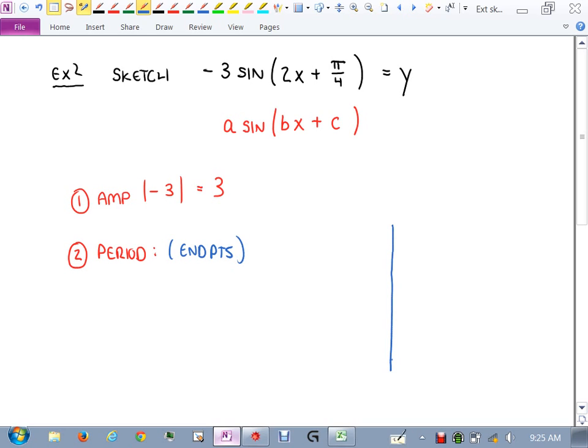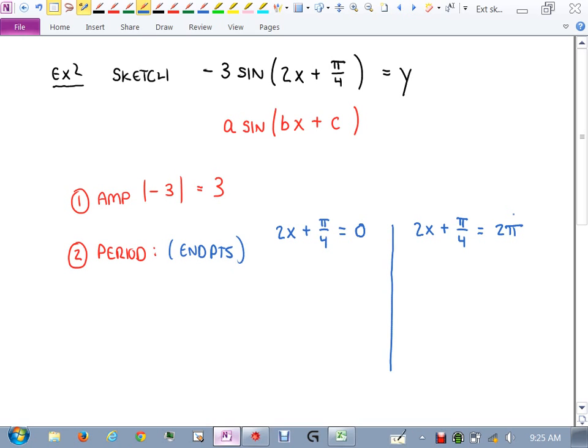Set it, what's it? The argument, which for us is 2x plus pi over 4, the whole thing. You set that equal to first what? 0, and then 2x plus pi over 4, you set that equal to what? 2 pi.